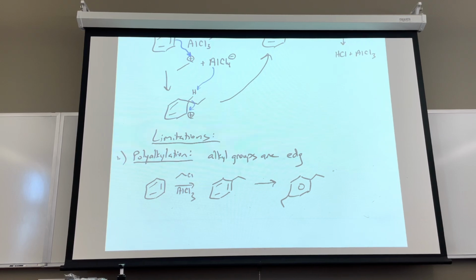What's more reactive, this dialkyl or the monoalkyl? It's got to be this one, because this has two electron donating groups and this one only has one. So we make this.